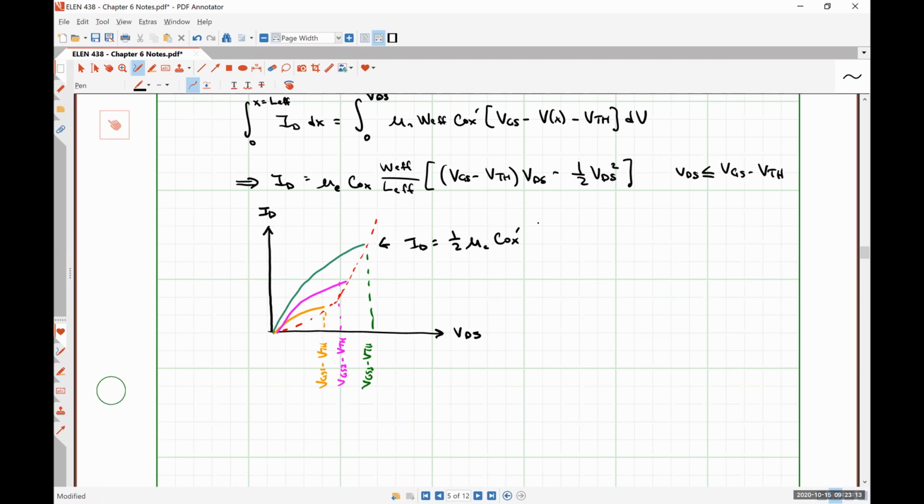Cox W effective over L effective times (VGS minus VTH) quantity squared. So, okay.